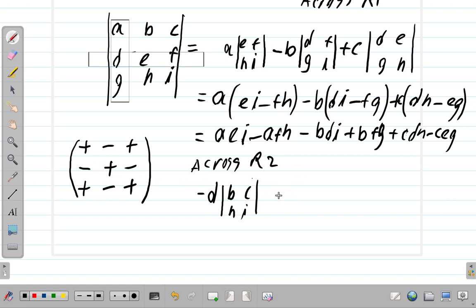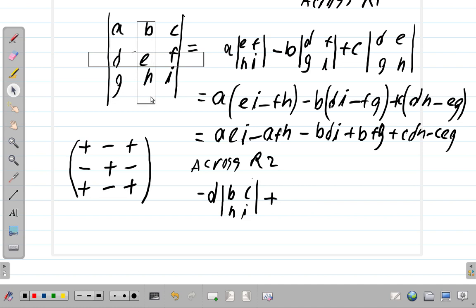Then E will be a plus. You go across and cover E. And what you have is E. And the determinant is the uncovered elements ACGI.